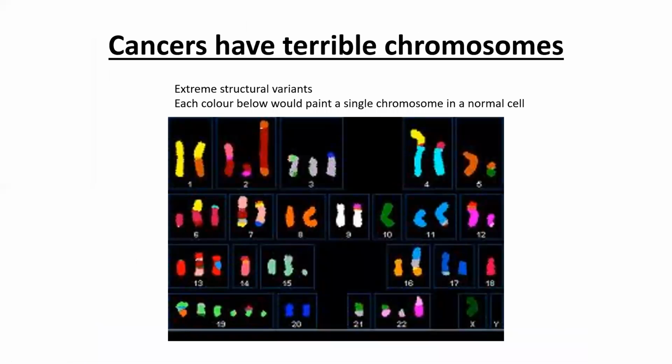Now, cancers are really horrible if you look at the chromosomes, especially in advanced cancer, when we have suppression of DNA repair mechanisms, which is one way of getting cancers. If the DNA repair is suppressed, then abnormal genotypes can start living a normal reproductive life, and the cells proliferate.